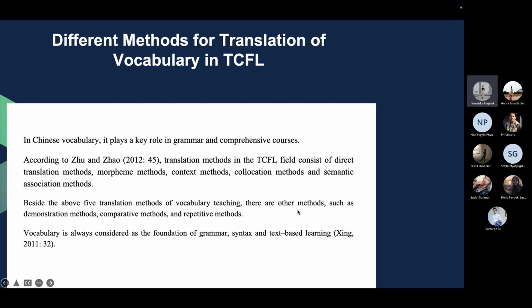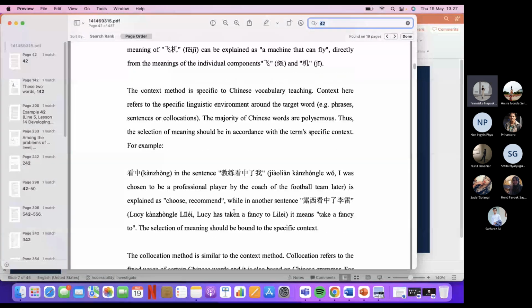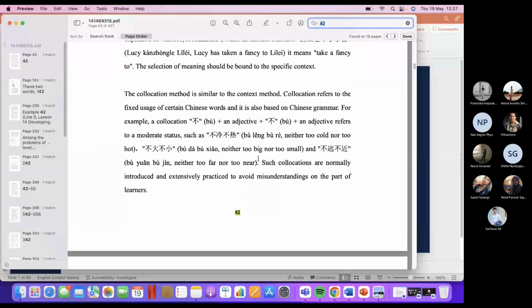For example, a collocation of bu and an adjective, bu plus adjective, refers to a moderate status, such as bu leng bu re, neither too cold nor too hot, bu da bu xiao, neither too big nor too small, and bu yuan bu jin, neither too far nor too near.